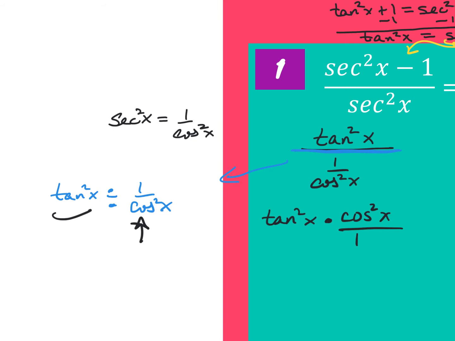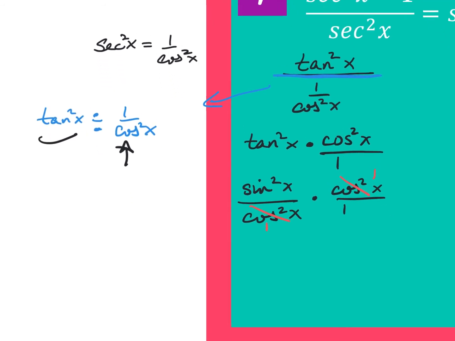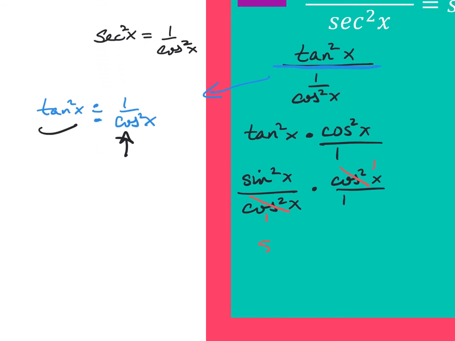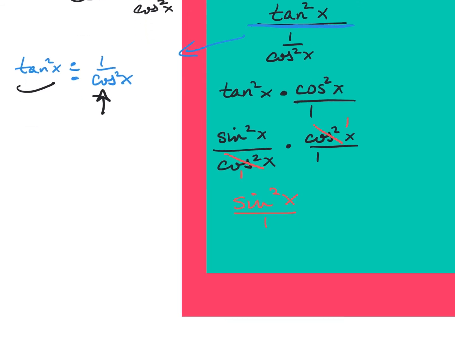Now I'm going to use a quotient identity for tangent, and change this into sine squared x over cosine squared x. I still have this. And now notice I can simplify diagonally. The cosine squared x's become 1s, and then sine squared x times 1 is just sine squared x, and 1 times 1 in the bottom is just 1.